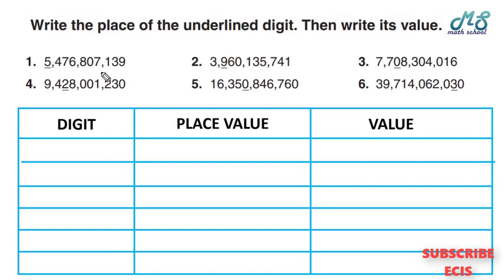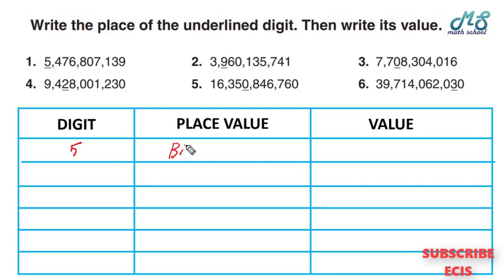Number 1, we have 10 digits. We studied before how we can read a 10-digit number: 5,476,807,139. We divided the number into groups, or periods. 5 is in what? In the billions period. So the underlined digit in number 1 is 5. The place value of 5 is billions, so you have to write the name of the place.